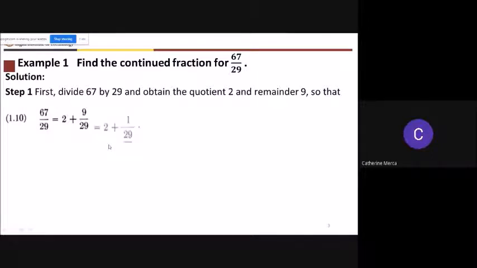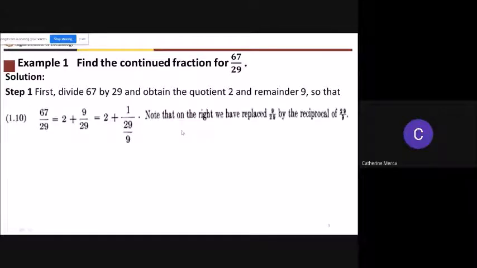The next step would be to rewrite your 9 over 29 as 1 over 29 over 9. Diba? This one is actually the reciprocal of that. So we have replaced 9 over 29 by the reciprocal 29 over 9. So 1 over 29 over 9 instead of simply 9 over 29.